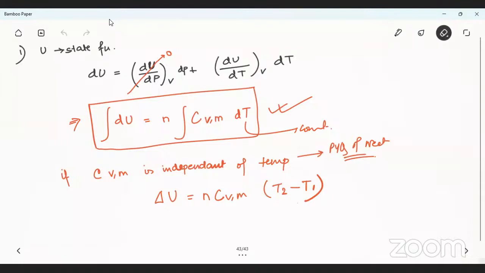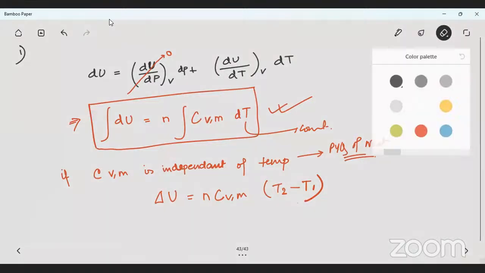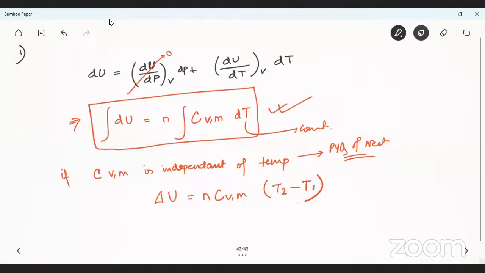So instead, you already know that U is a state function. So instead, don't write this. Just write for an ideal gas undergoing any process.